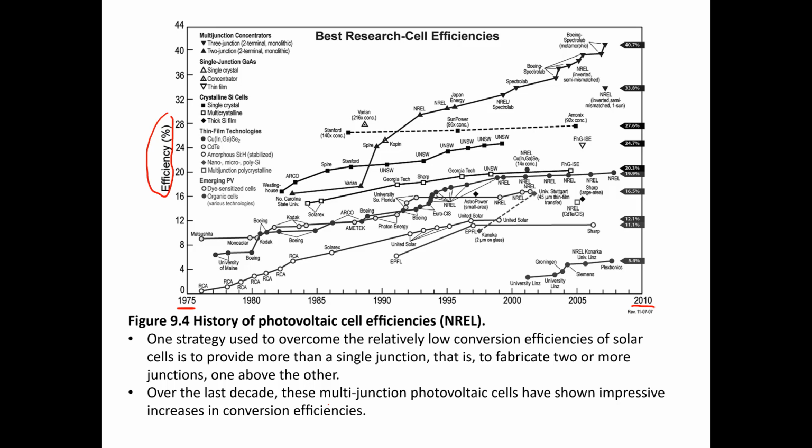You can see that overall efficiencies have increased over time. One strategy used to overcome these low efficiencies of solar cells is to provide more than a single junction, that is, to fabricate two or more junctions, one above the other. Recently, these multi-junction photovoltaic cells have shown some impressive increases in efficiency.